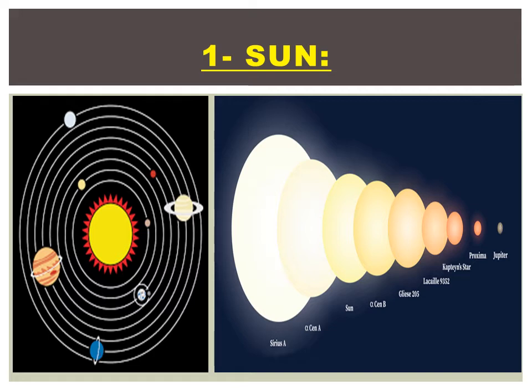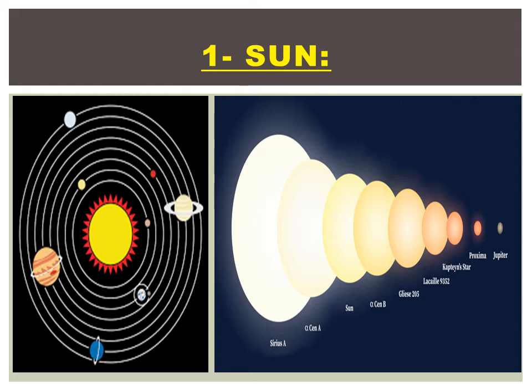At the end of the solar system, at the top, at the bottom, or in the middle? Yes, it is in the middle, in the center of the solar system, and the planets move or rotate around it.